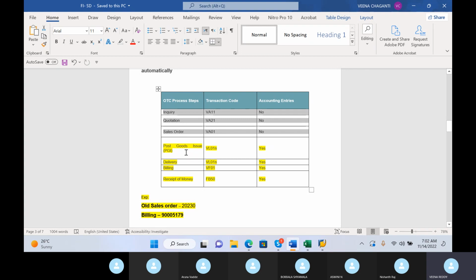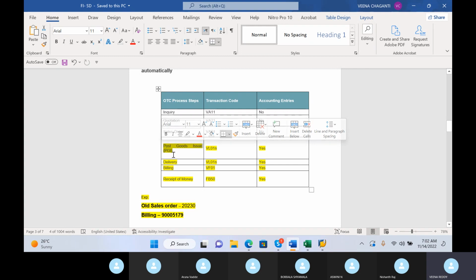In OBYC we will assign the respective GLs to the respective transaction keys. So that's why we will be involved in post goods issue, but FI-SD integration starts from the billing. Okay, billing from FI-SD integration starts.